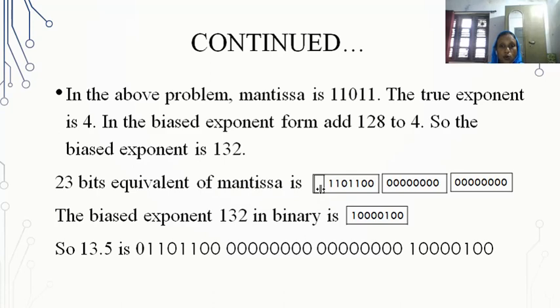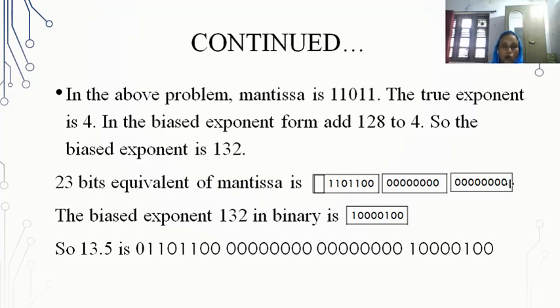Here comes 0 because our number, 13.5, is positive. After that, 11011. Of the total 23 bits, we have 5 bits as our solution, 11011, and all the remaining 18 bits are put as 0.